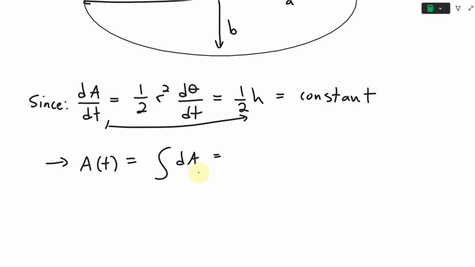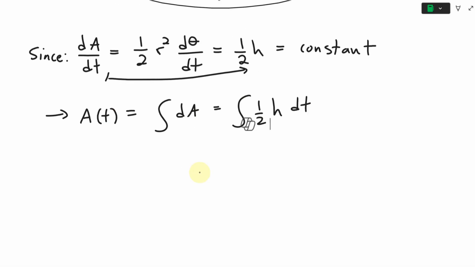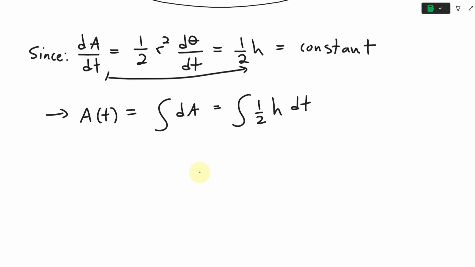This equals 1/2 times the integral of h, which is a constant, so we just add a t there. The integral is just ht.